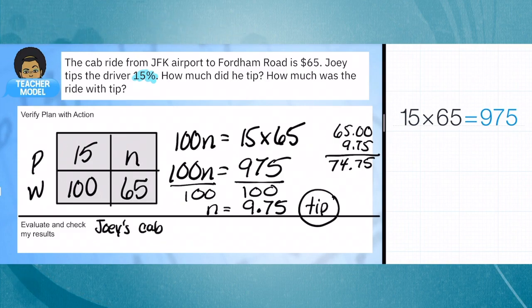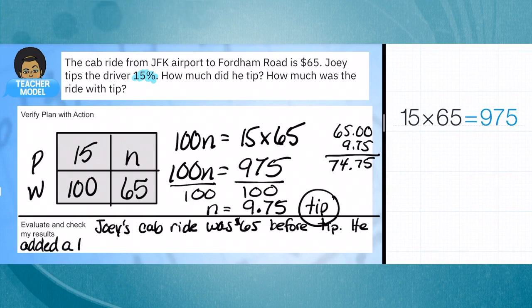Joey's cab ride was $65 before tip. He added a 15% tip, or $9.75.